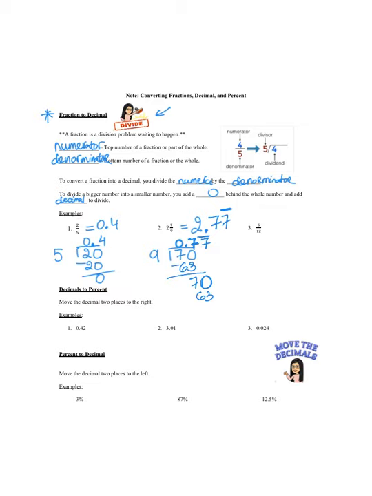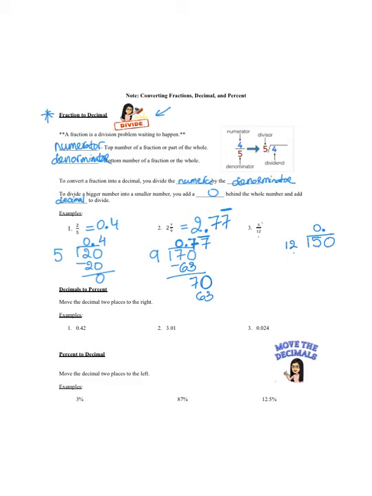Number 3, you're going to convert 5 over 12 into a decimal. 5 inside, 12 outside, top in, bottom out. Can 5 divide 12? No. I need to borrow 0 and return a decimal point right away.